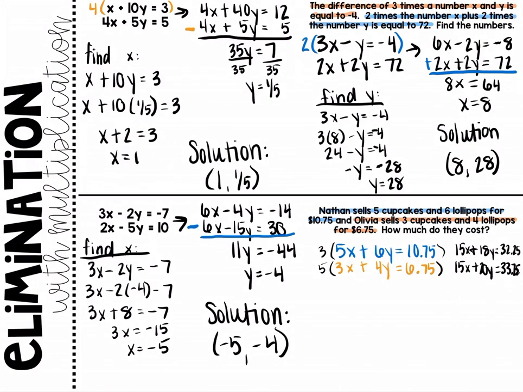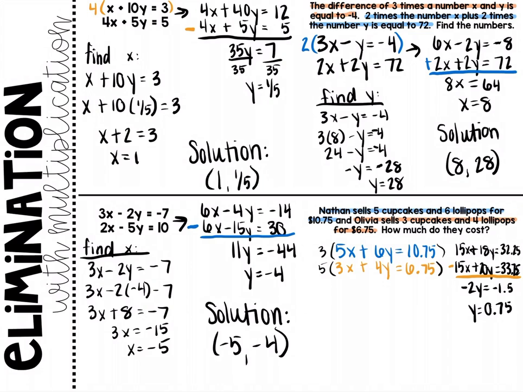Okay, so now because of the same sign, I'm going to subtract. So 15x minus 15x cancels out. 18y minus 20y is negative 2y. 32.25 minus 33.75 is negative 1.5. So then I'm going to divide by negative 2. So y is 75 cents or 0.75.